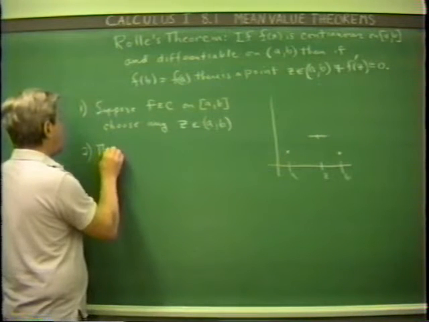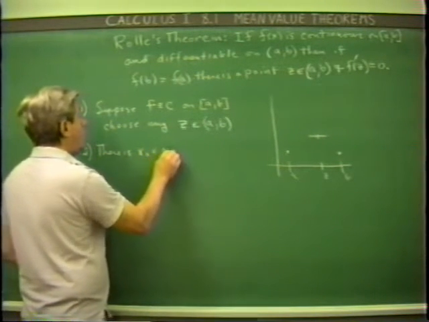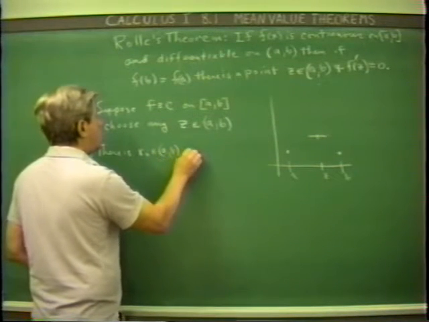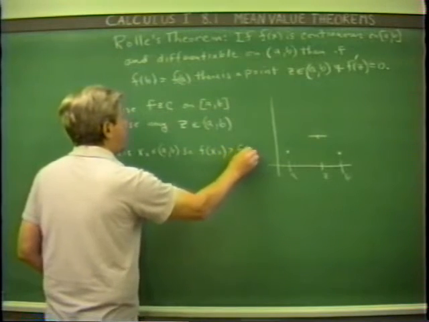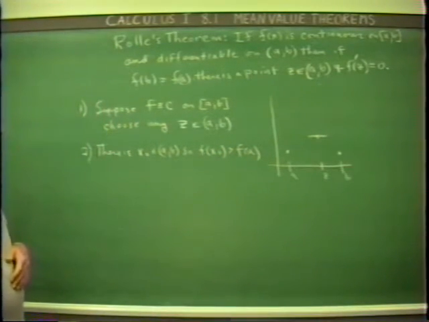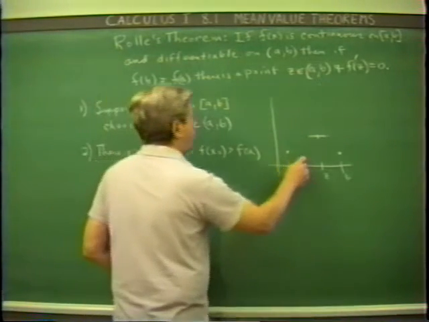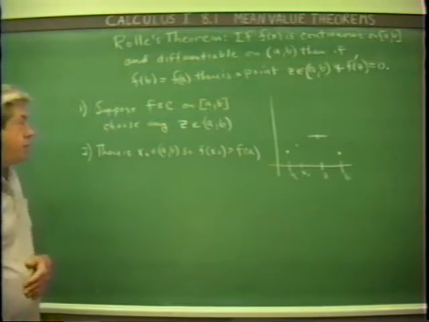suppose there is a point x naught in AB so that f at x naught is larger than f at a. All right? So that might be this case right here if there was a point x naught and the value at x naught was larger than it is at a.